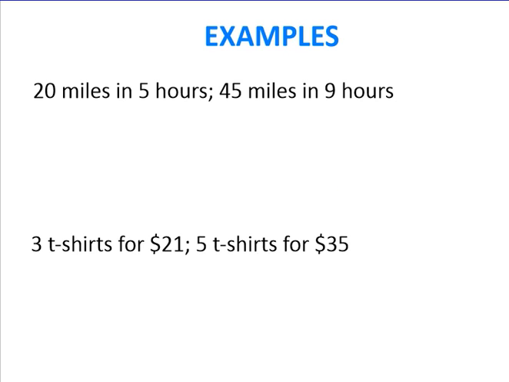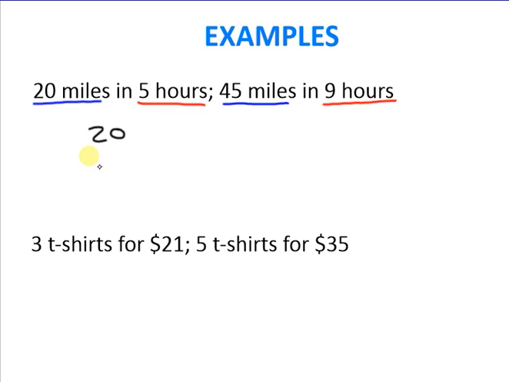So let's take a look at some basic word problems. Here we have 20 miles in 5 hours, 45 miles in 9 hours. The way we're going to set it up is to take the numbers in the order that we're given them in the word problem.